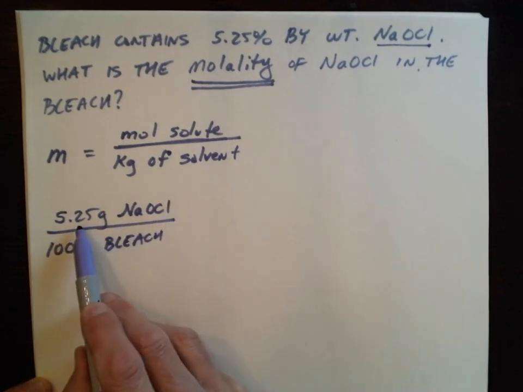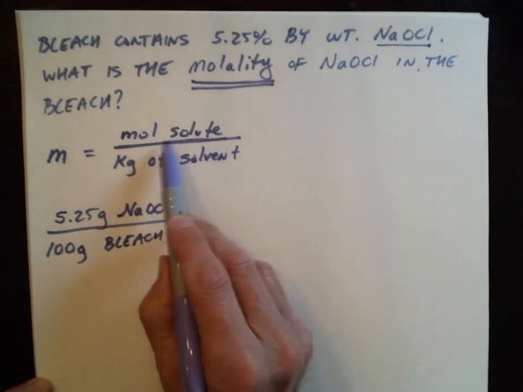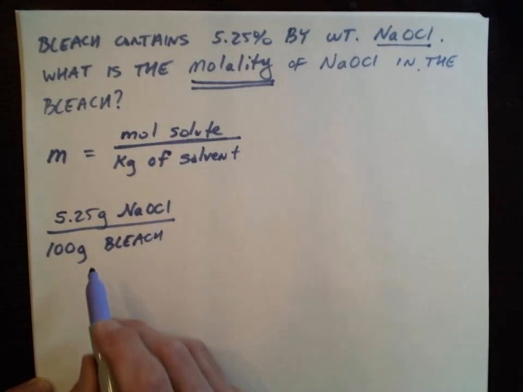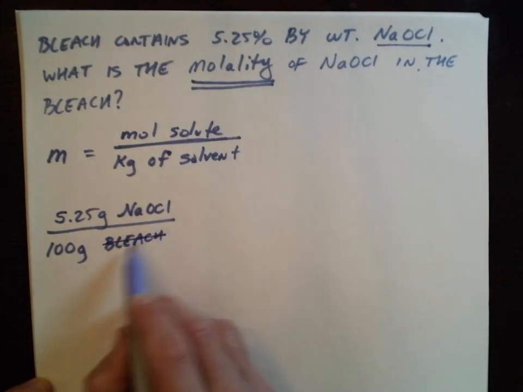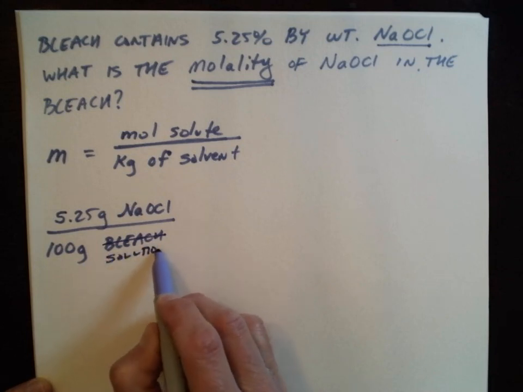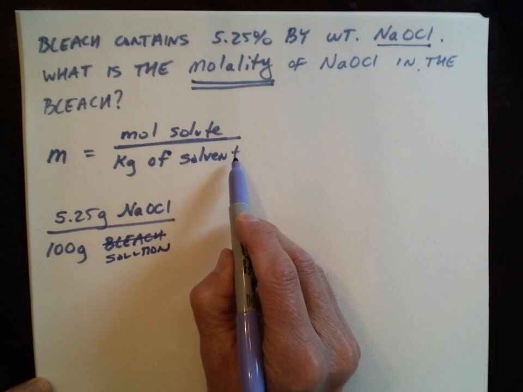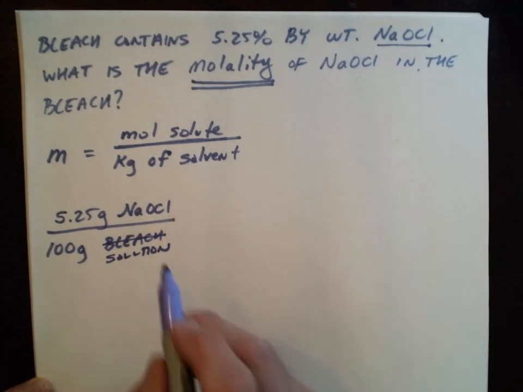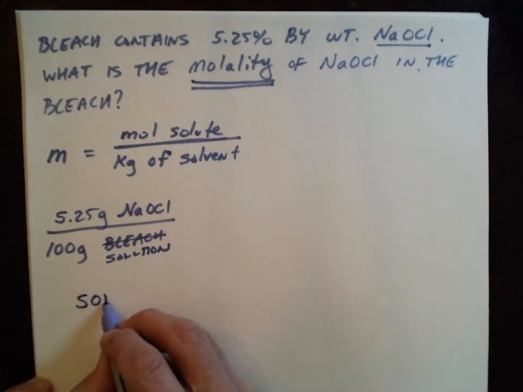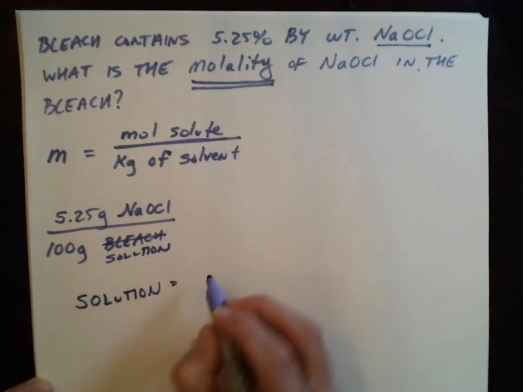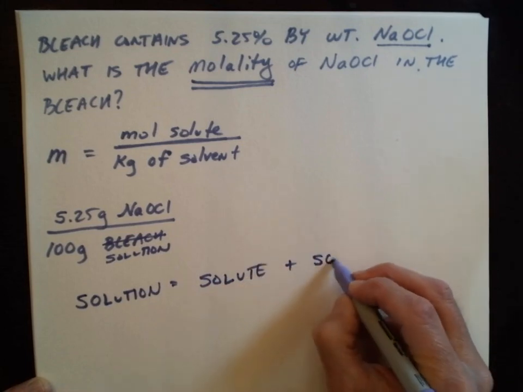We're going to need to convert the numerator to moles of sodium hypochlorite. And we're going to need to convert the denominator from grams of bleach, which is grams of solution, to kilograms of solvent. Now, how are we going to do that? We got to get solution to solvent. Well, let's remember this equation, that the solution is the solute, in this case, there's only one, plus the solvent.